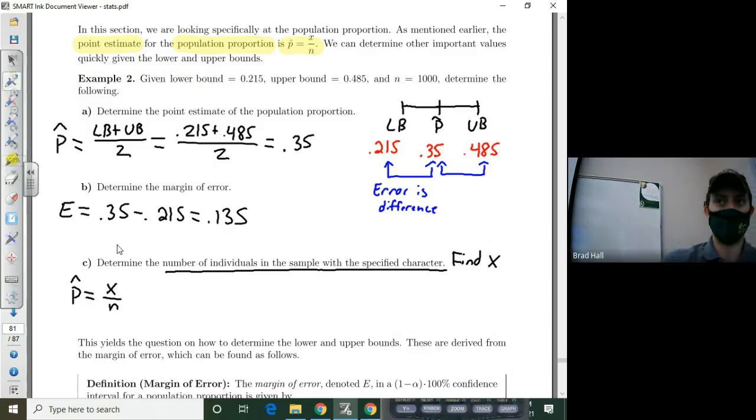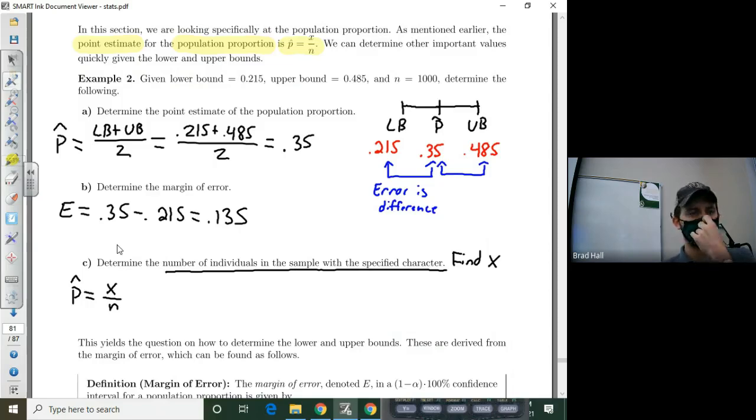When we defined this, p-hat was the sample proportion, which in this section is the point estimate. X is the number that have a certain characteristic, and n is the total number.